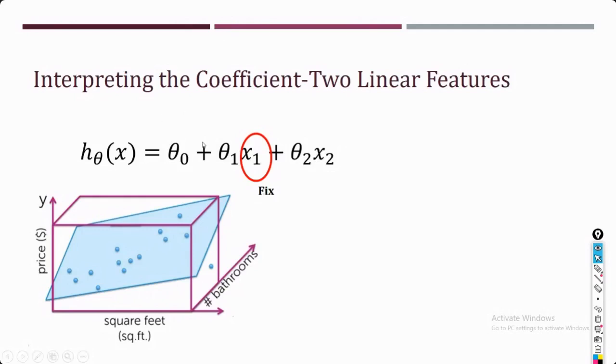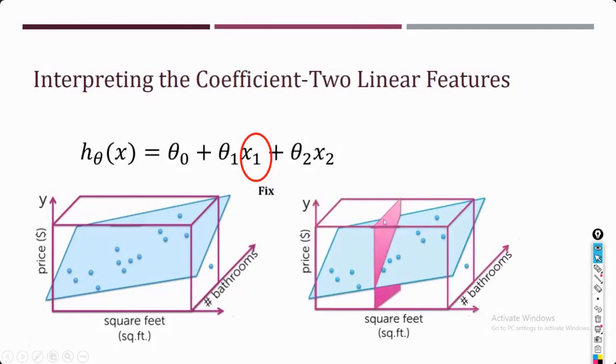Suppose I am fixing the size of your house. Then with respect to the number of bathrooms, if I increase the number of bathrooms by one, how much change will I observe in the price?